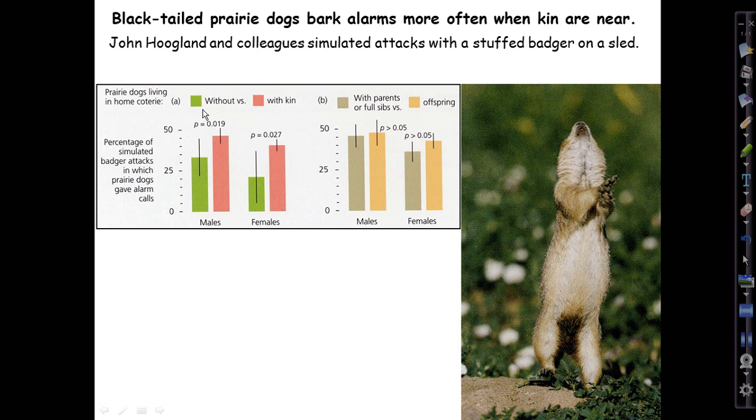This is just without kin, the green bars, versus with kin in the home coterie, that is the social family group sharing, I guess, a network of burrows. And there was a significantly greater tendency, both for males and females, to call more. That is, they were more liable to call in the presence of the stuffed badger coming through on a sled when there were kin around than when there weren't.